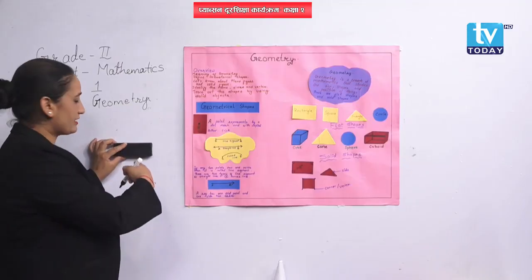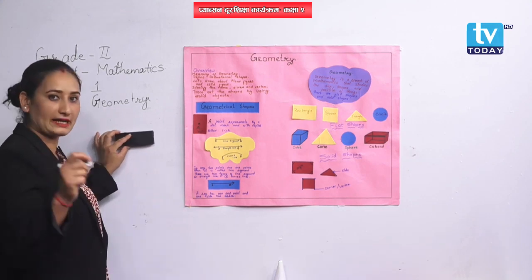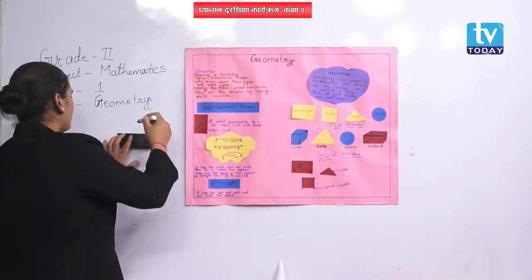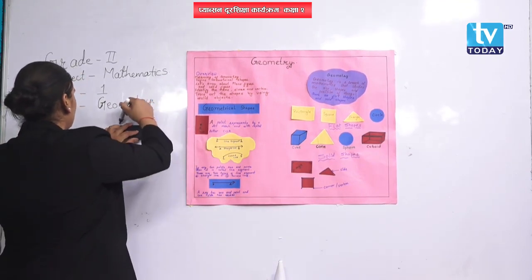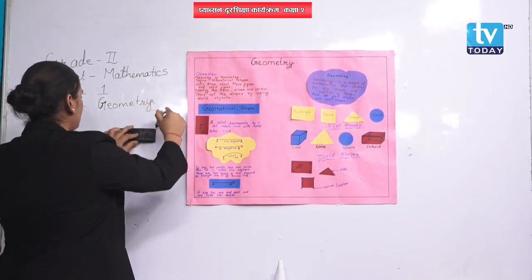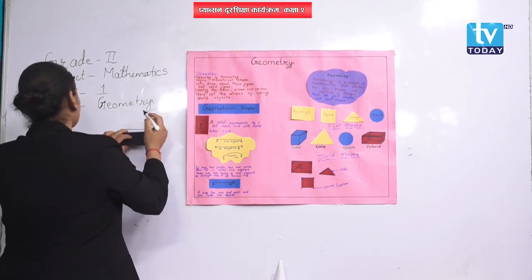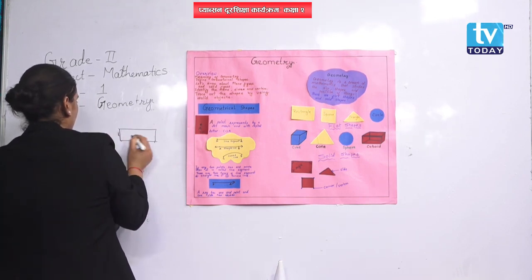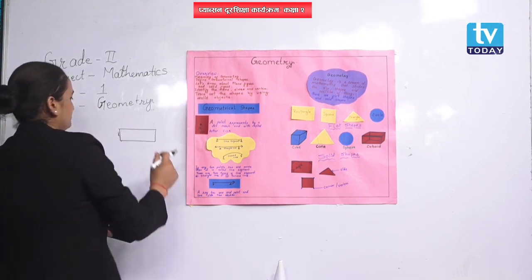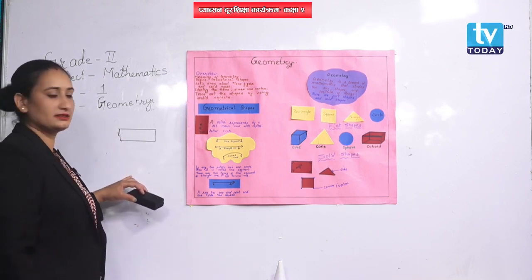I will draw here. I use the duster for drawing a rectangle. Be ready? Okay, everybody, I have drawn the rectangle here. See, I have drawn the shape of a rectangle.